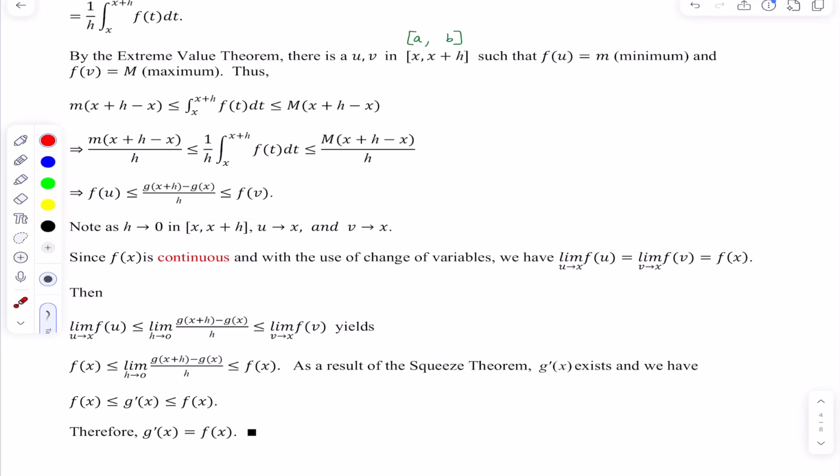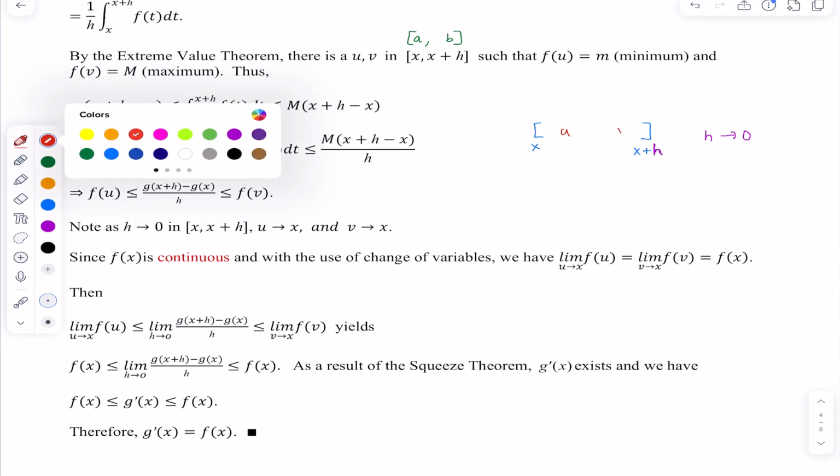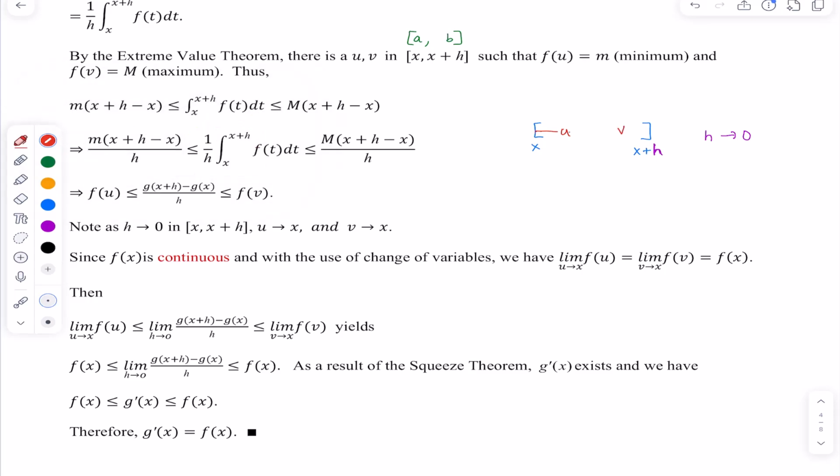Remember, we have an x number line, and that number line goes from x to x plus h. As h approaches 0, what happens to this interval? This interval will have to get smaller and smaller. But remember, there's actually a u in there and a v in there. So somewhere along the interval here, we have a u and v.